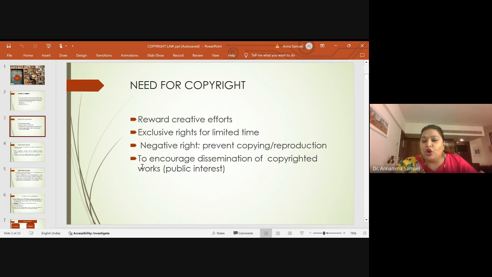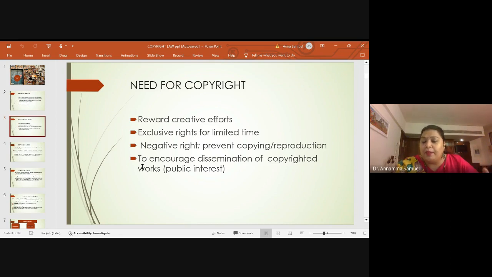We always used to call it a negative right. A negative right is nothing but preventing the copying or the reproduction of the work without permission. If anybody is unauthorizedly using the work, then the copyright holder has the right to prevent such acts. Now, since it is given for a limited period of time, the public interest has to be taken into consideration.